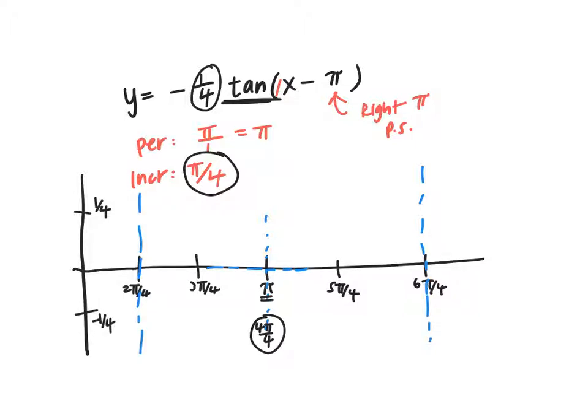I have a vertical shrink by 1/4. And in the center, my origin is my x-intercept. Normally, tangent graph is positive or increasing, but because I have a negative out in front, it's going to be a decreasing graph. So I go up to the 1/4 and down to the negative 1/4.